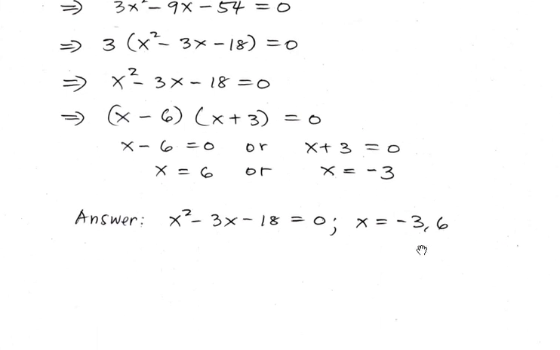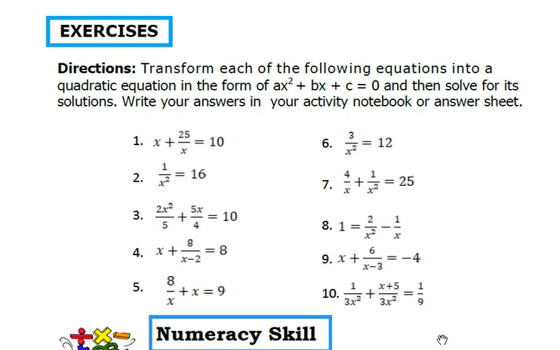Solving for x, we have x equals negative 3 and x equals 6. The required or transformed quadratic equation is x squared minus 3x minus 18 equals 0. That concludes the solution for the exercise in this module.